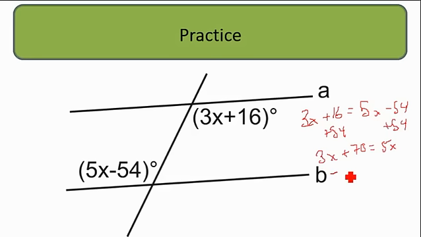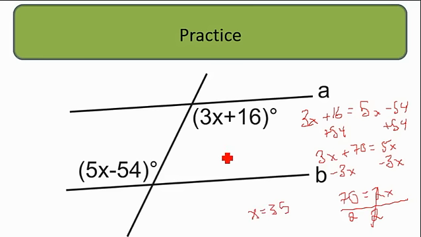Going to subtract 3x from both sides. And I get 70 equals 2x. 70 divided by 2 is 35. So we get x equals 35.